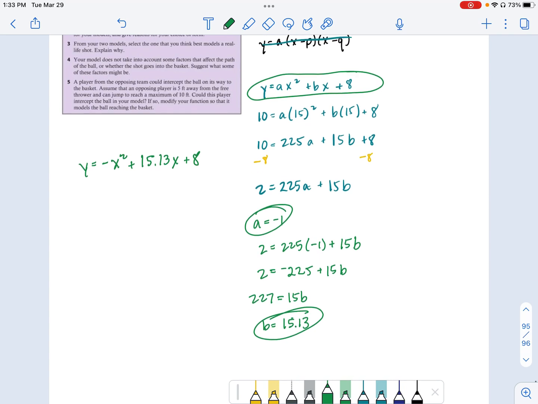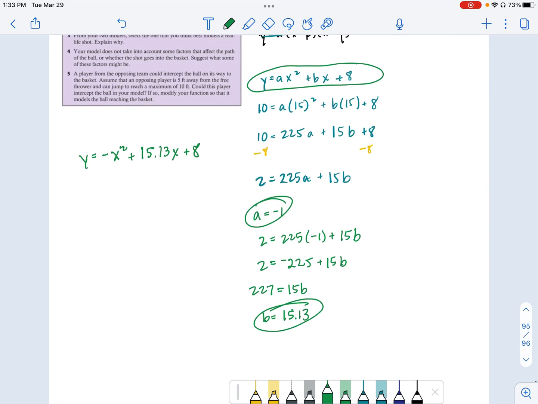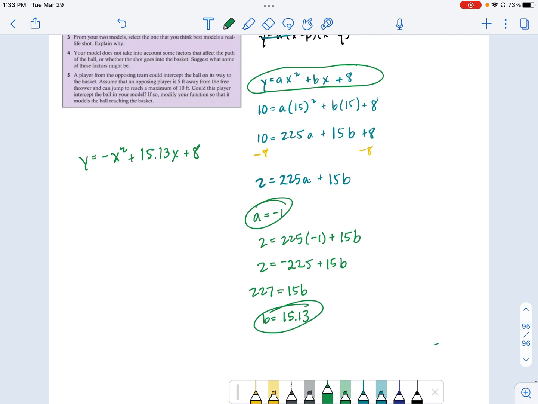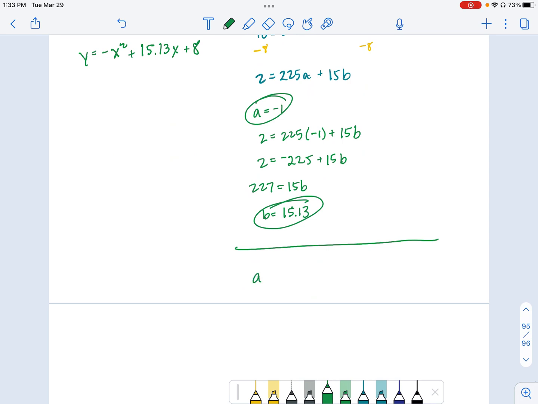And now let's say we want to let a equal, let's just go for -15. a equals -15. So in the place of a, we have 2 equals 225 times -15 plus 15b.